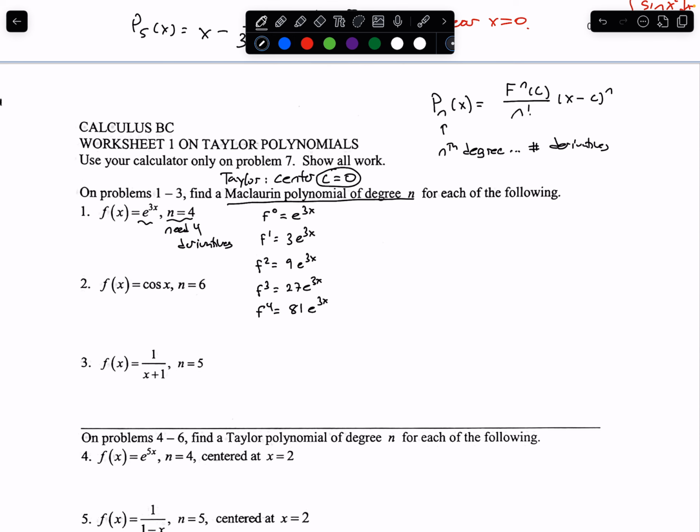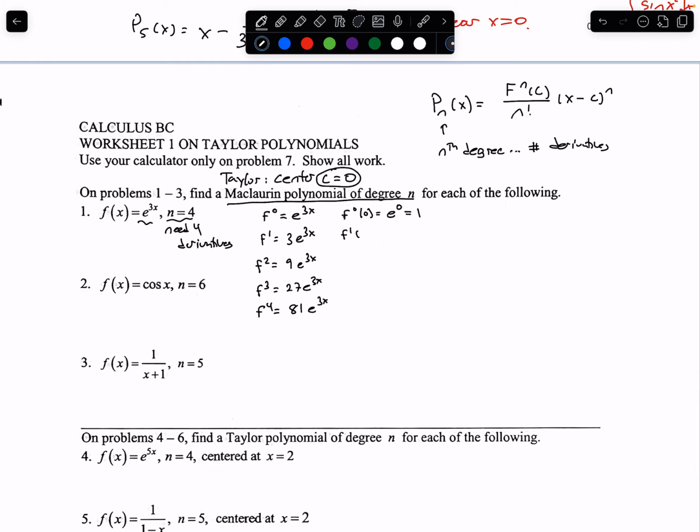Next, we want to find the value of the nth derivative. So now we're going to generate the coefficients. That's the hard part. The value of our nth derivative at c, at that center. So that's going to give us the value of the 0 derivative at 0. We're going to get e to the 0, which is 1.